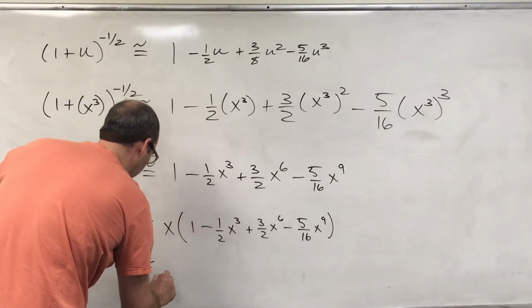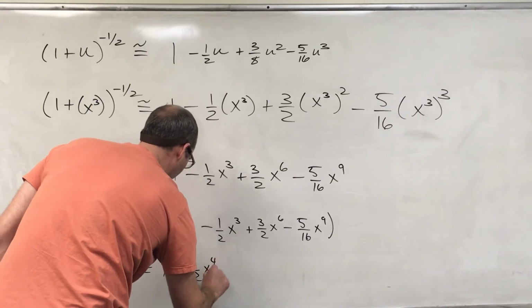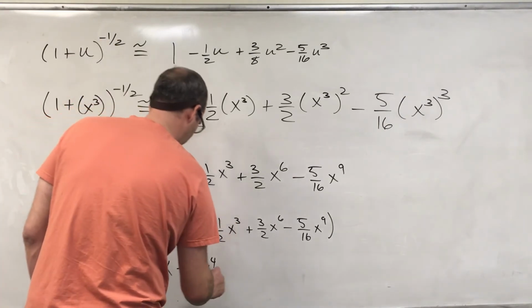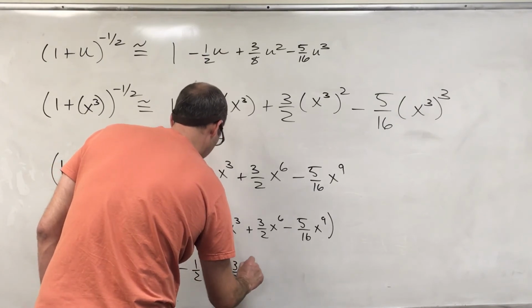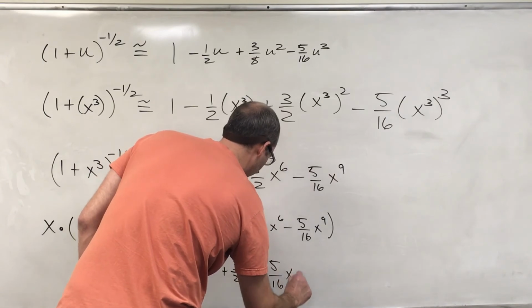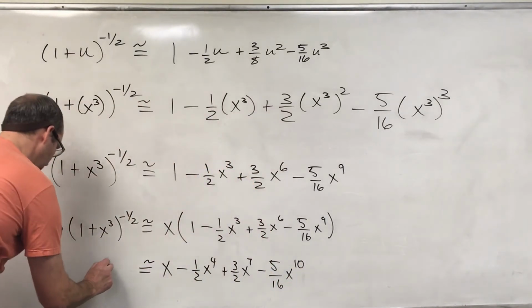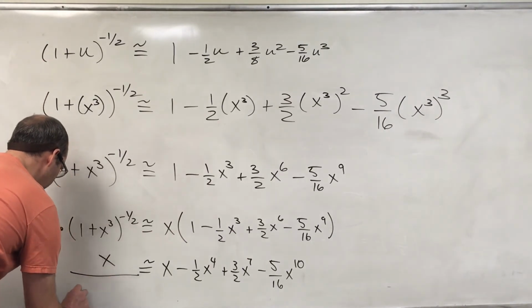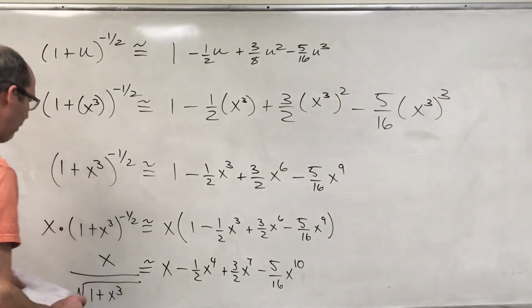All right, distributing through, we got x minus 1/2 x to the 4th. We're adding the exponents there. Plus 3/2 x to the 7th minus 5/16 x to the 10th. All right, so this is x over square root 1 plus x cubed, which was our f of x.